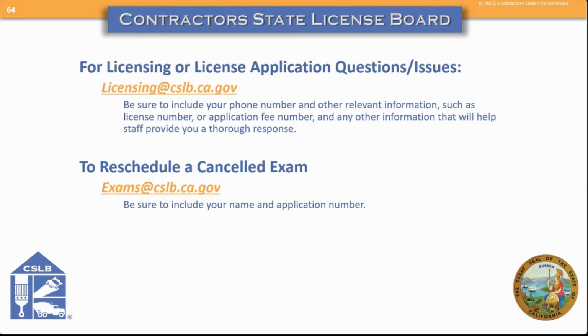If we currently have an LLC, can we use that on our application and use our existing name? So I'm not sure exactly what you're saying there. I mean, if you apply for a license under your registered LLC name as stated with Secretary of State, that is the name that you would have to use on your application.